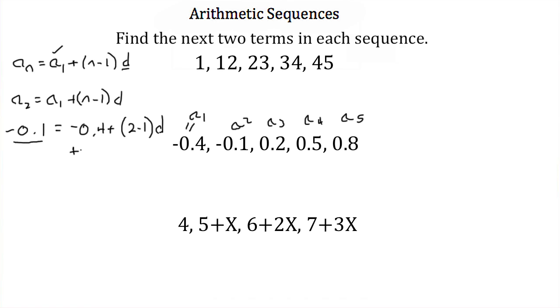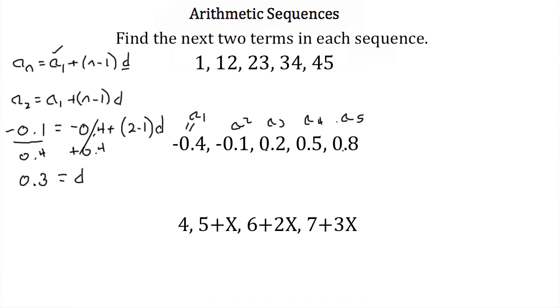So if we add 0.4 to both sides, we'll get 0.3 is equal to d. So our common difference is 0.3. So let's double check it real quick. If we add 0.3 to negative 0.4, we do get negative 0.1, and again does equal 0.2, 0.5, and 0.8. So that does seem to work. Our common difference is 0.3.